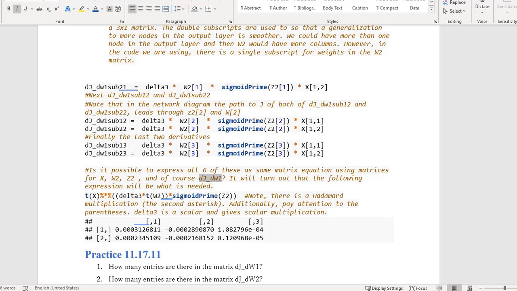Now notice here that delta 3 is a scalar, so this is just scalar multiplication. That's what we need here, because each of these is scalar multiplied by this scalar. And so now we're going to multiply that times the transpose of W2. So you should check that all these dimensions work out properly.